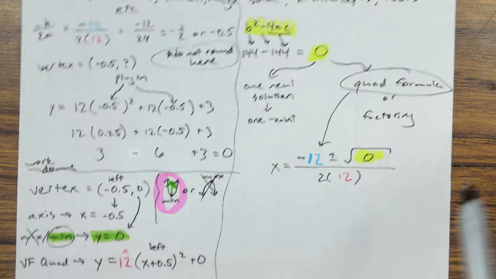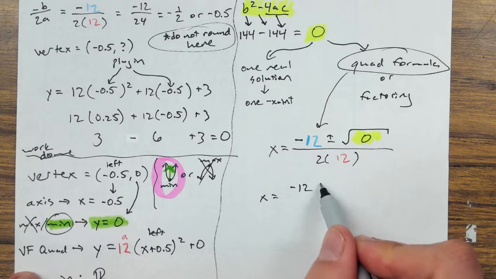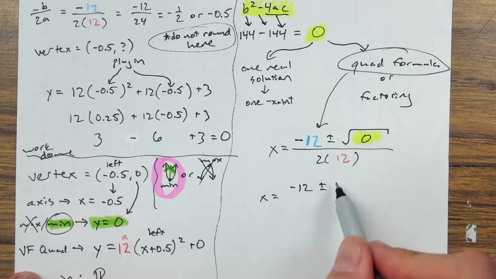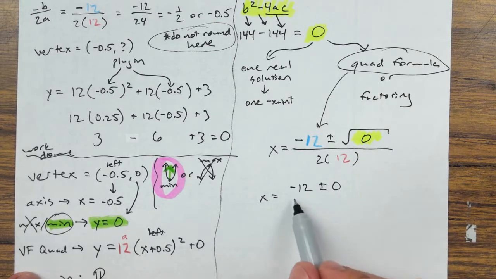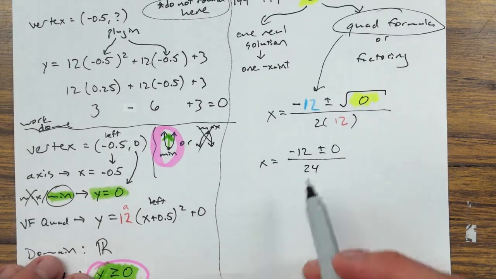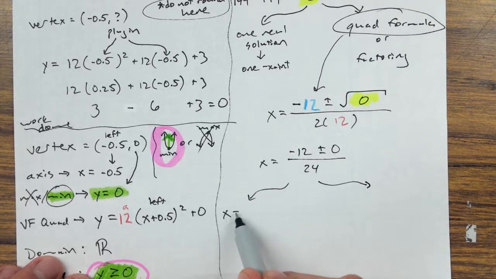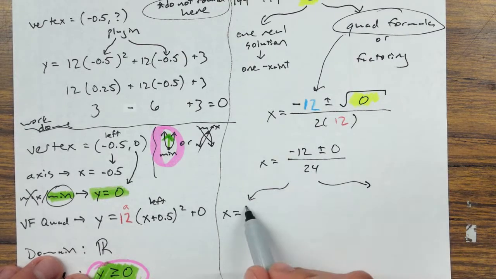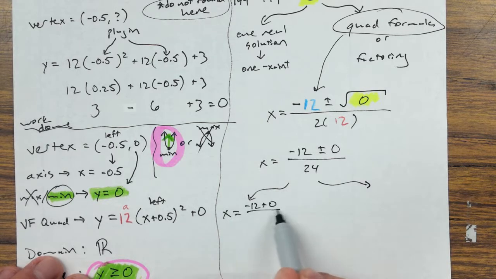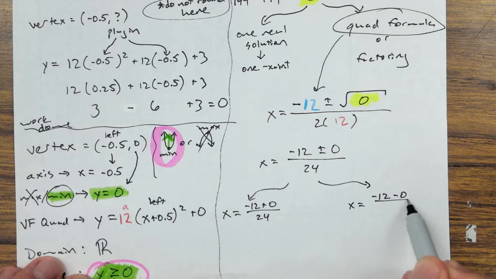Okay? And then we calculate x equals negative 12 plus or minus, what is the square root of 0? 0 over 24. And now we have to change this into 2 math problems. X equals negative 12 plus 0 over 24. X equals negative 12 minus 0 over 24.